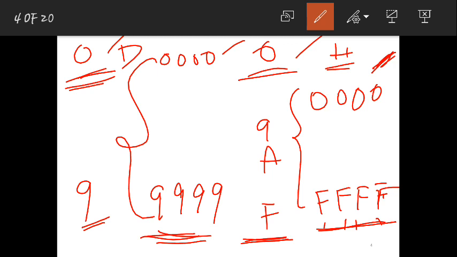So whenever you write this, this is the value 9999, but when you convert this FFFF into decimal value, you will get around 64k. Okay, I mean 65k.